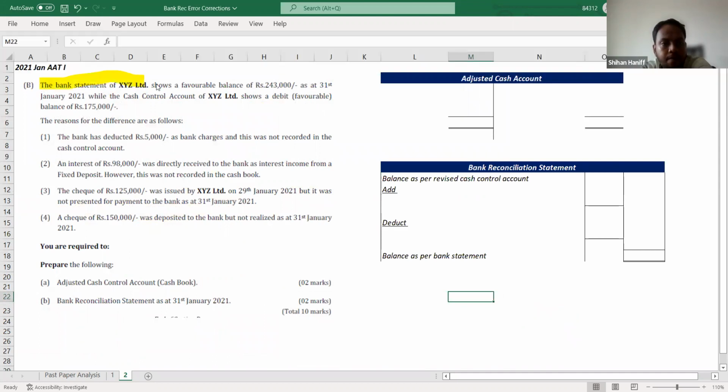The bank statement of XYZ shows a favorable balance of 243,000 as at 31st January, while the cash control account shows a debit balance of 175,000. Bank statement 243, cash balance 175. So there is a difference, and the reasons for the difference are as follows. There are 4 reasons. Required: adjusted cash control account and bank reconciliation. Okay, take 5 minutes and try to do this question.